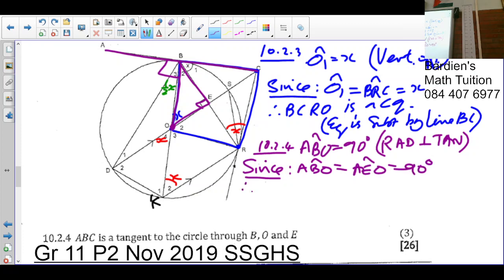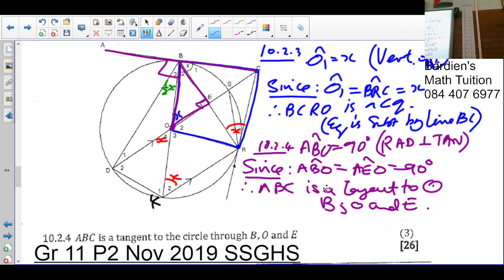Therefore, ABC is a tangent to the circle through B, O, and E. Why?